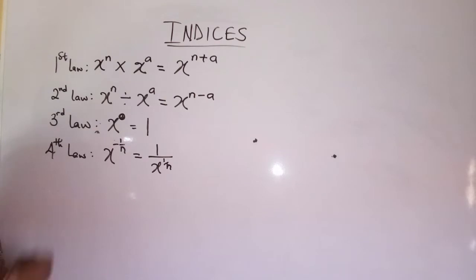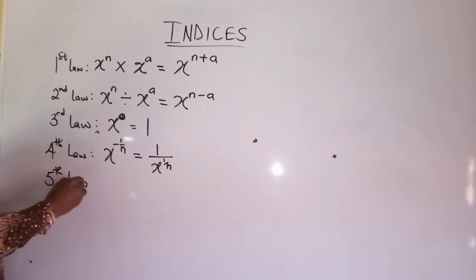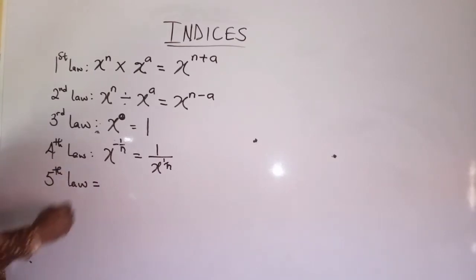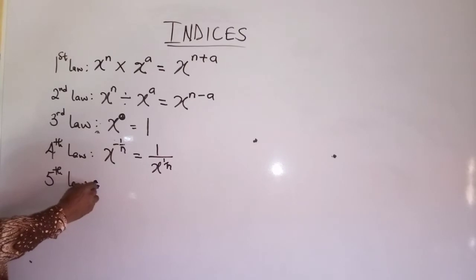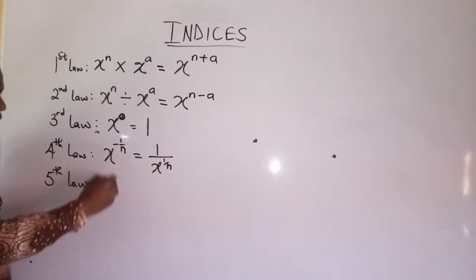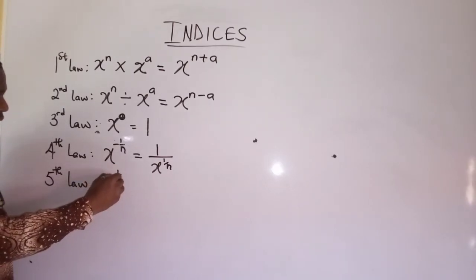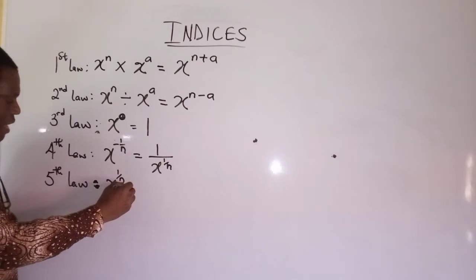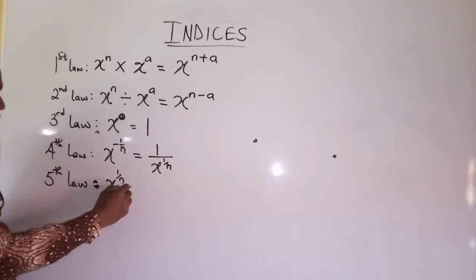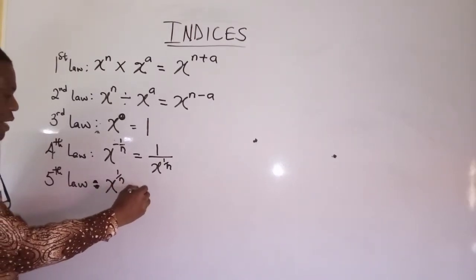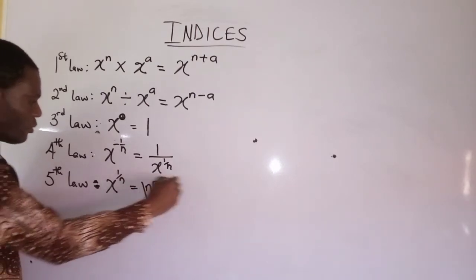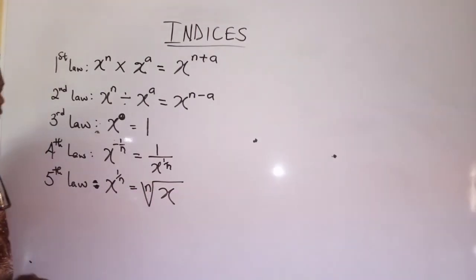Of course, I can take this one as my fifth law: x raised to power 1 over n equals the nth root of x.